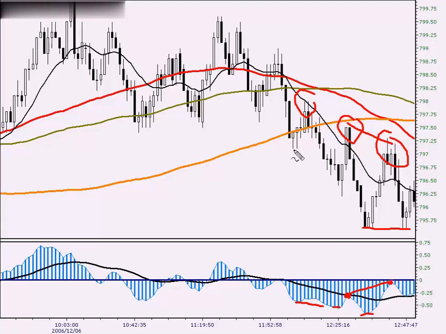Now, if visually that's hard for you to see, for your brain to wrap itself around, no problem. Just change the visual element of your chart. If you would rather have momentum as a line and not as a histogram, that's fine. How you visually represent these things is not important other than it being important to you.